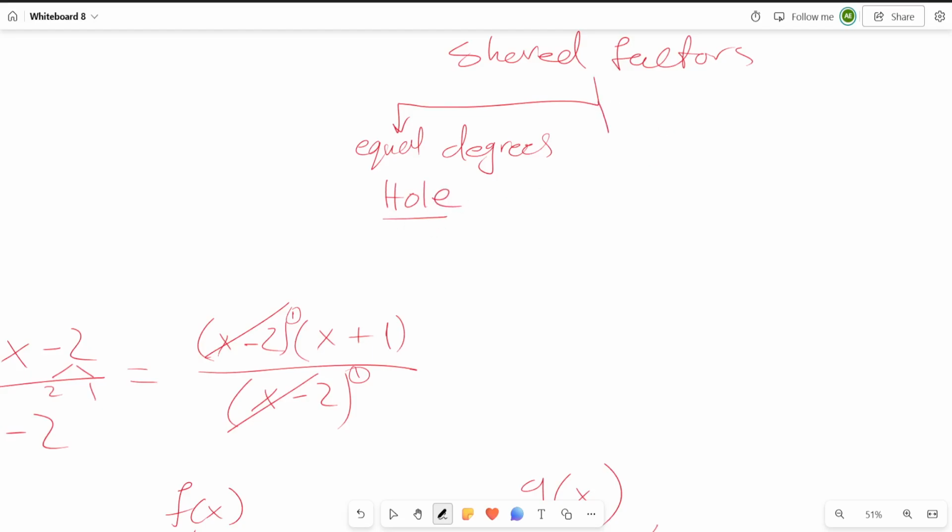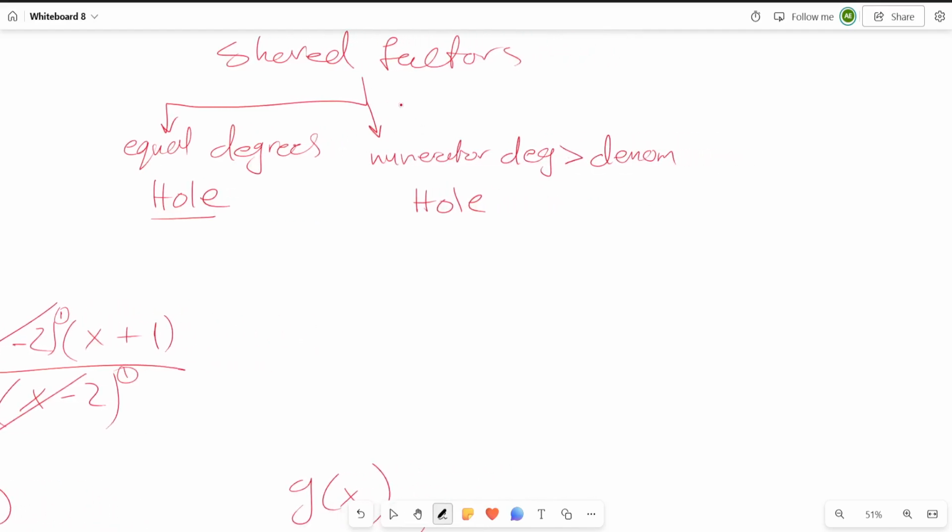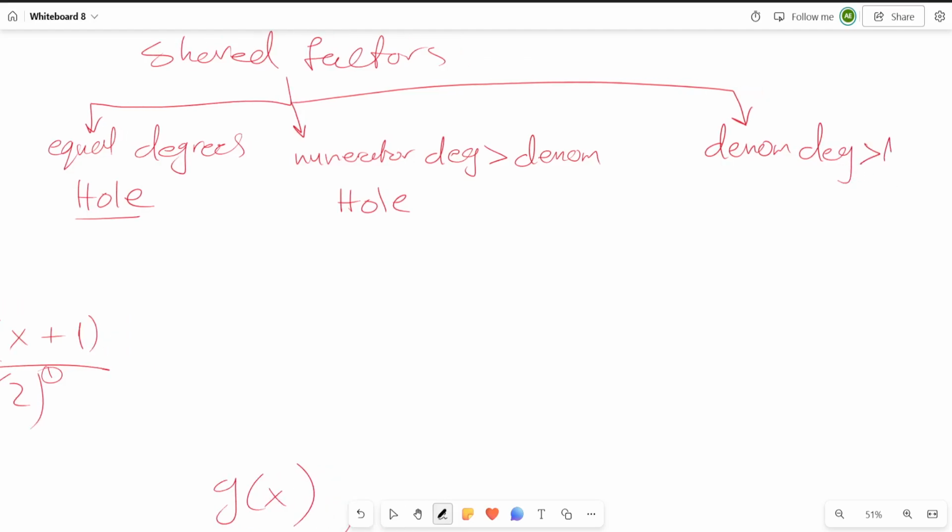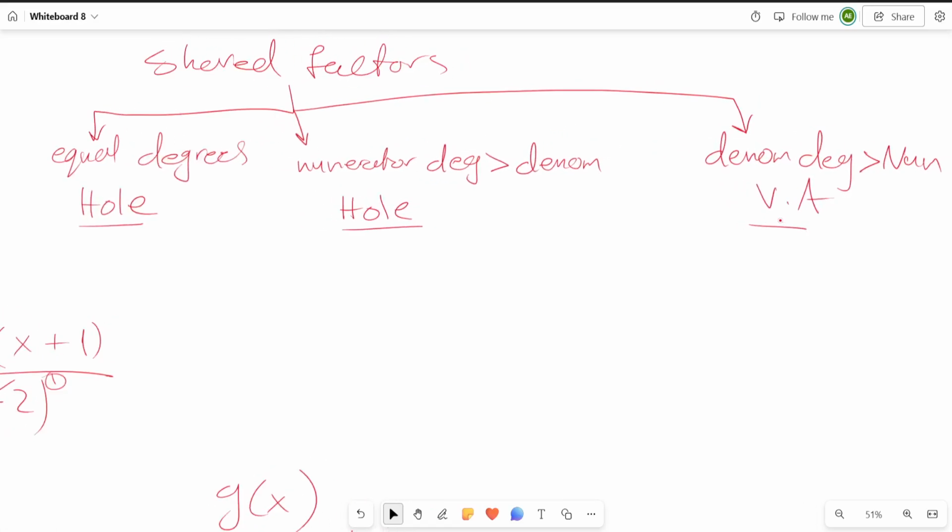If the numerator degree is greater than the denominator degree, then this also is a hole. However, in the third scenario, if the denominator degree is greater than the numerator degree, then it's a vertical asymptote. So this is basically the common rule that we have.